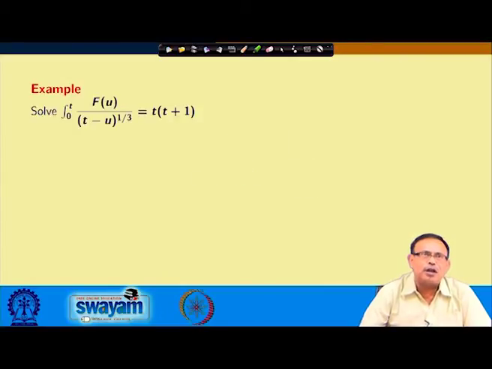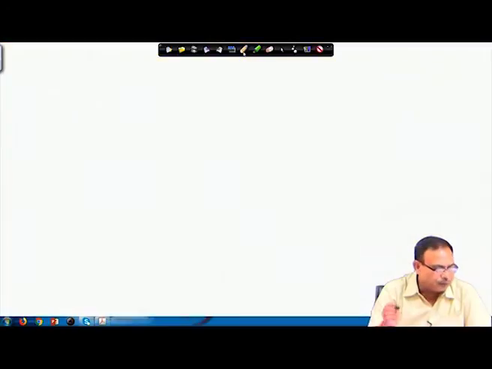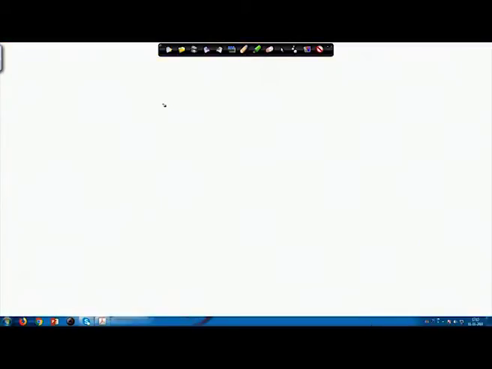Let us take the next example. I want to solve ∫₀ᵗ f(u)/(t−u)^(1/3) du = t(t+1). The given integral is like this.